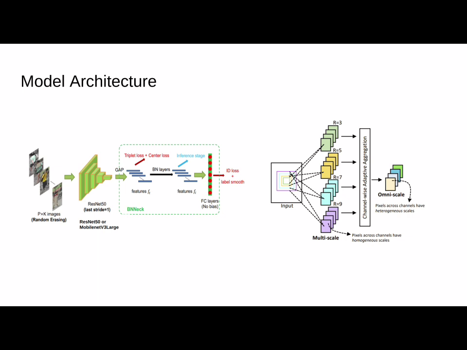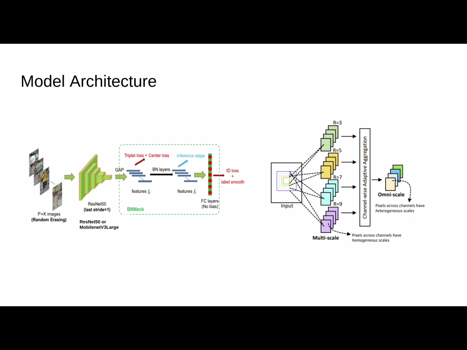Once we get the features from the backbone, we apply global average pooling on the feature maps to get the feature vectors. Now these feature vectors are then used to calculate triplet loss and center loss during training as well as during inference.